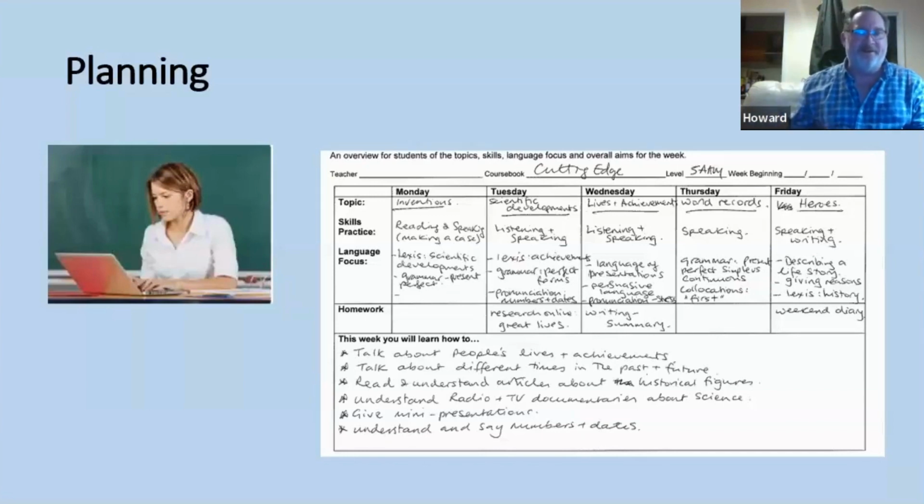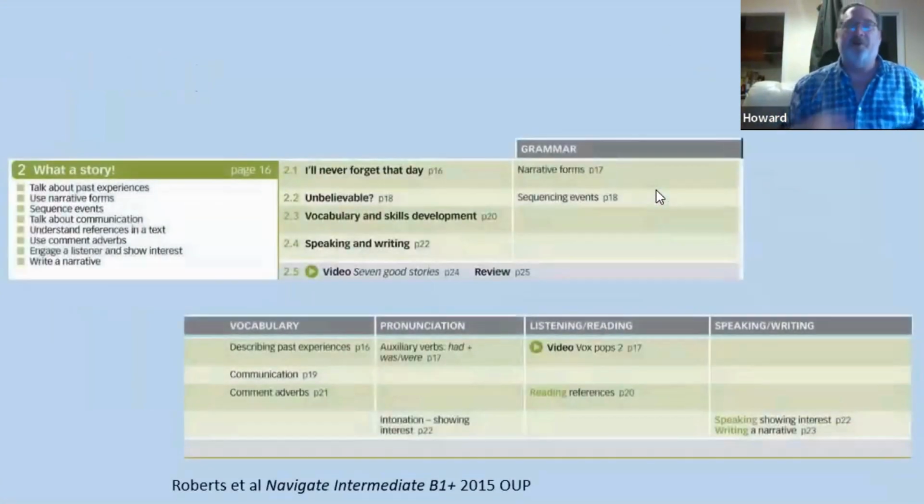It's intended to inform learners rather than to be part of the teacher's planning. Generally, you look ahead to the week coming and start organizing your thoughts. Very often, those thoughts are driven by the course book that you're using.